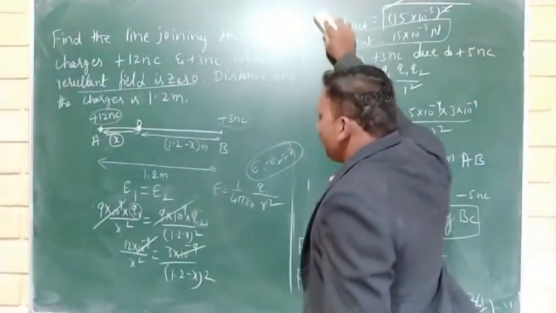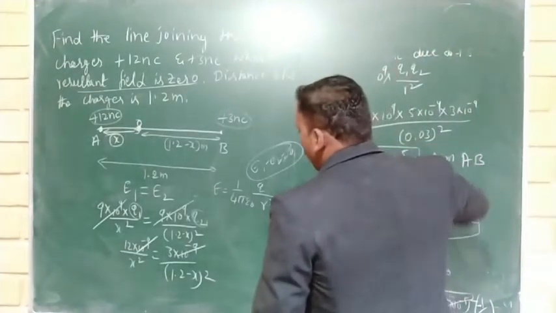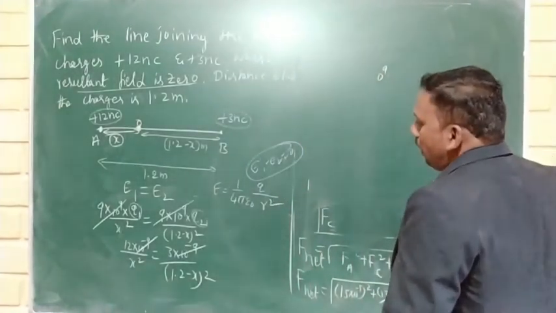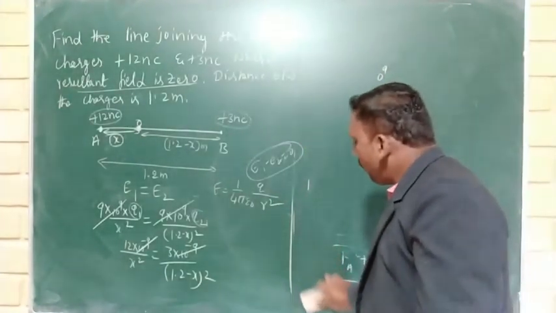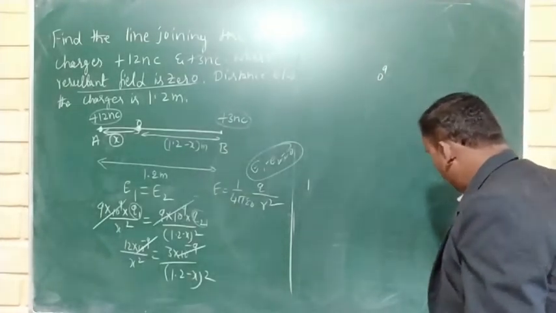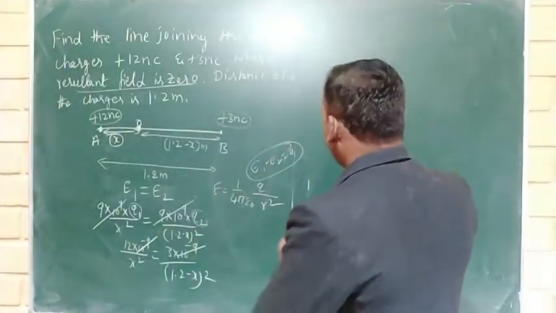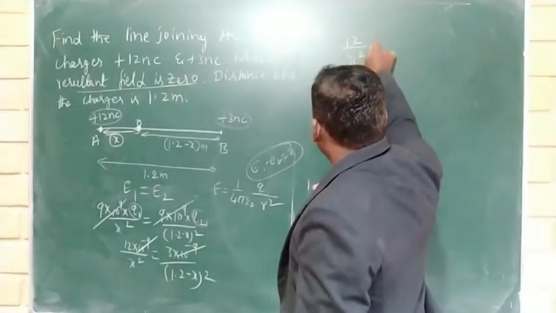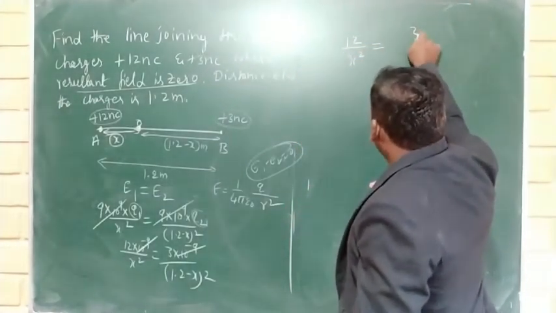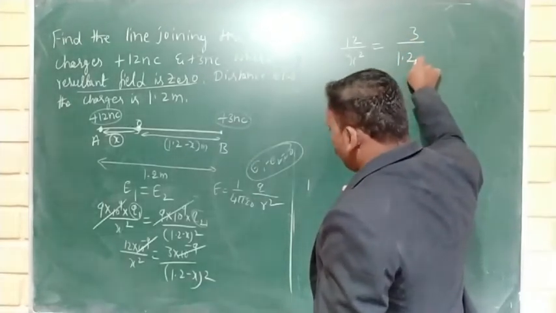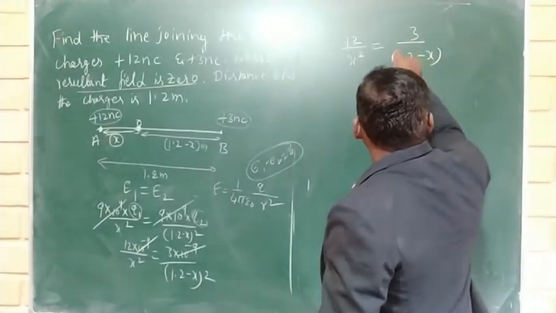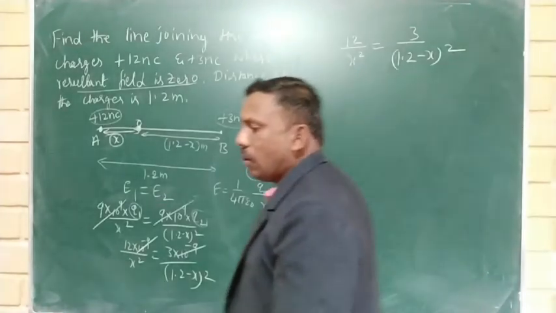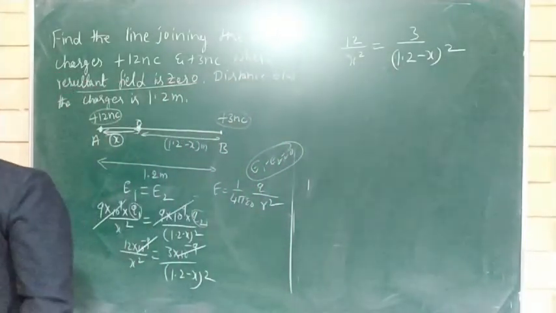The remaining terms are 12 divided by x square is equal to 3 divided by 1.2 minus x whole square. How to simplify this equation?